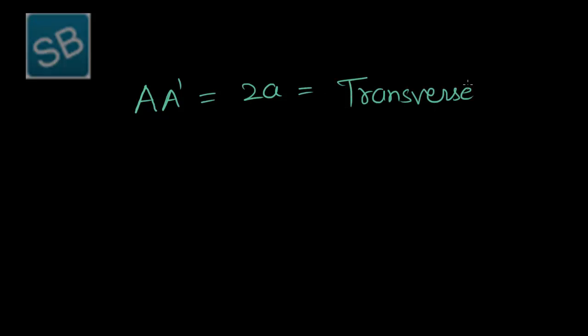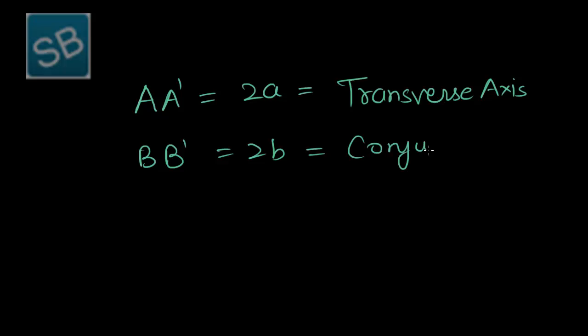Therefore, AA dash, which is equal to 2a, is called transverse axis, and in case of ellipse it is called major axis, and BB dash of length 2b is called conjugate axis, and in case of ellipse it is called minor axis.